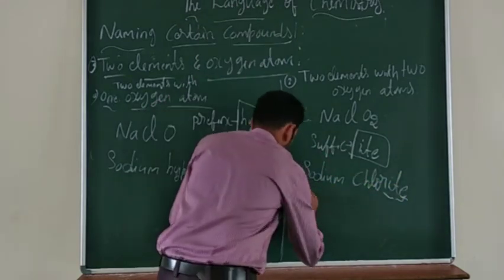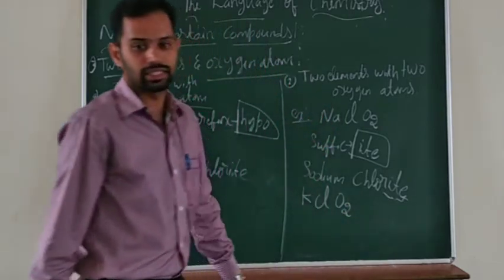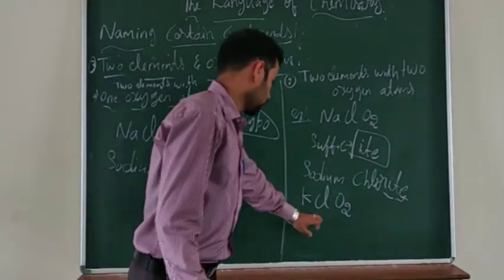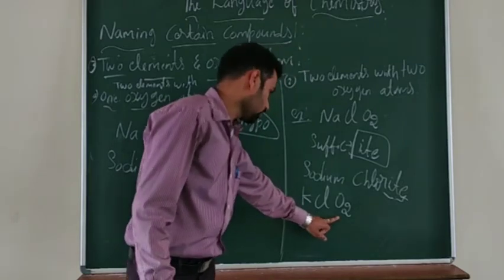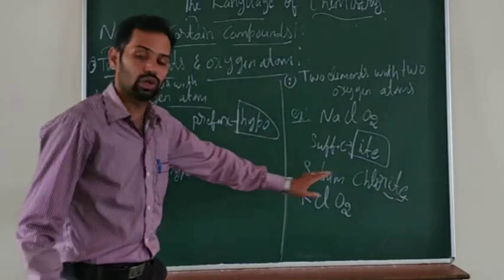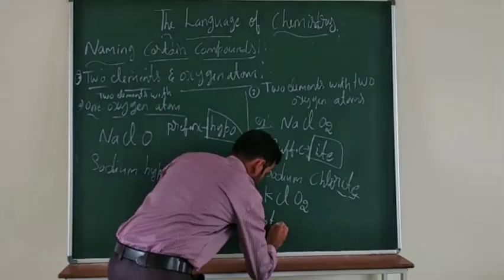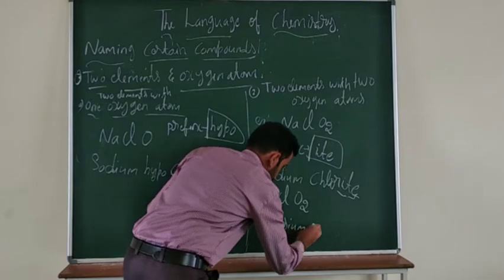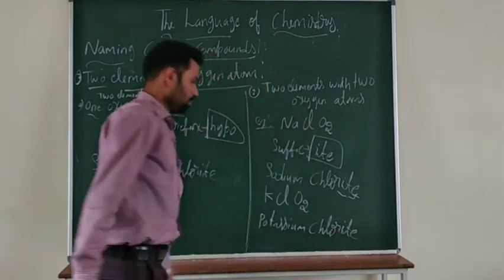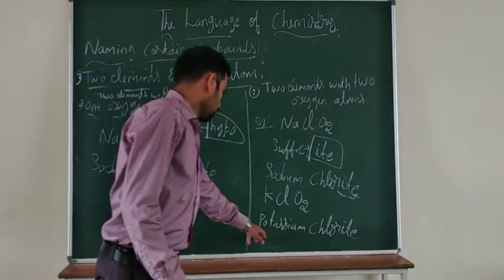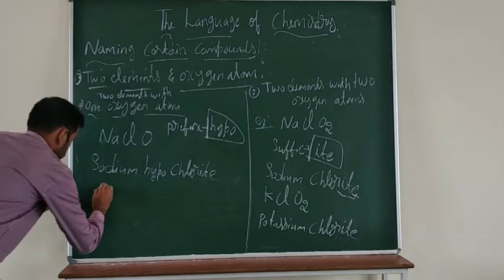Similarly, another example I will give: KClO2. Here also two elements with two oxygen atoms. At that time we will say potassium chlorite, because K is there. Potassium chlorite.